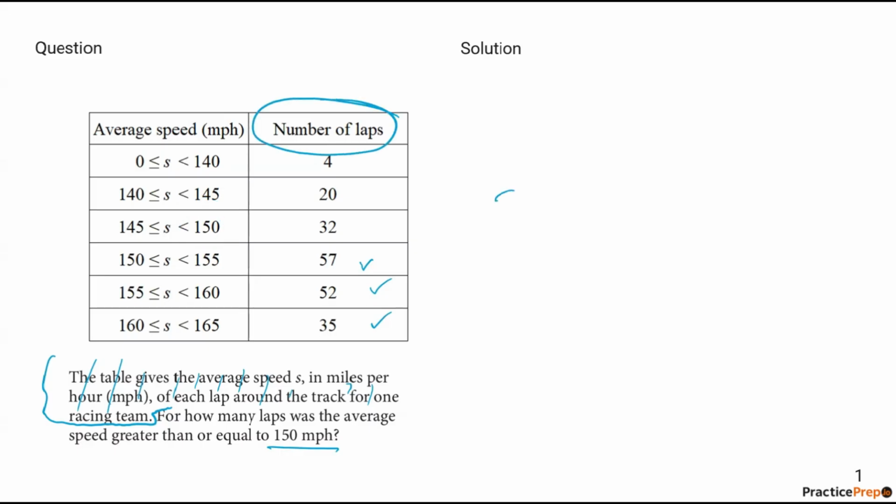So when we sum up 57 plus 52 plus 35, let's not use the calculator, let's use our mental arithmetic skills. It is 50 plus 50 plus 30 plus 7 plus 2 plus 5. That's how you can do it. And that gives us 130 plus 12 plus 4. Yeah, so that's 144.